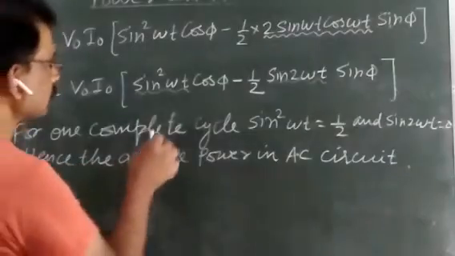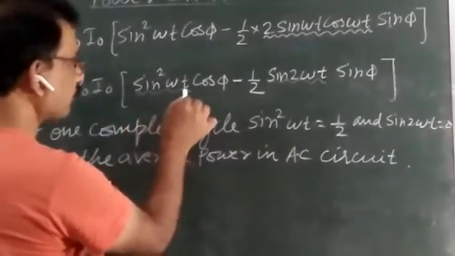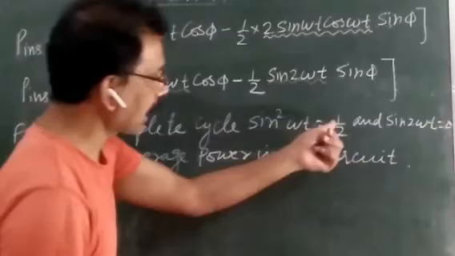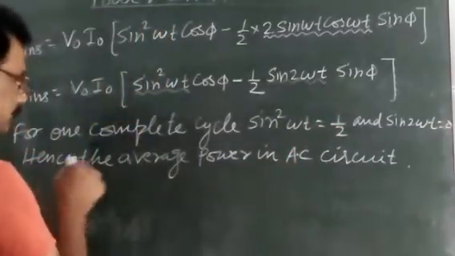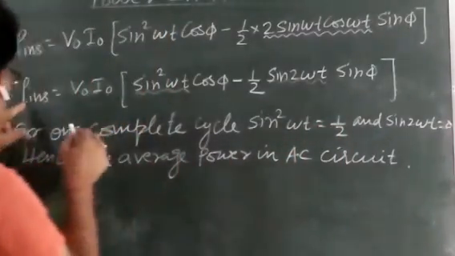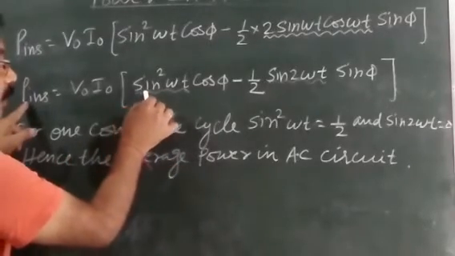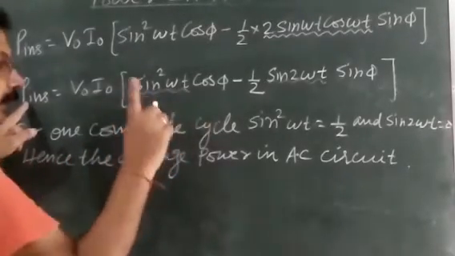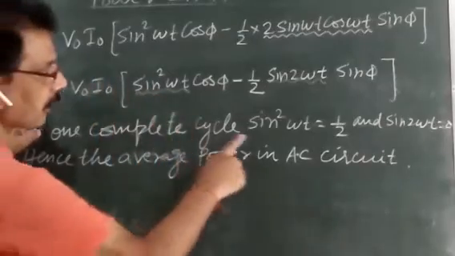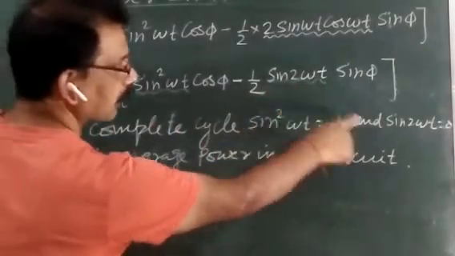So hence, since the average value for one complete cycle is half, the instantaneous power now becomes average power. Why? Because the average value of sine square omega t in one complete cycle is how much here? Half. And sine 2 omega t is 0.